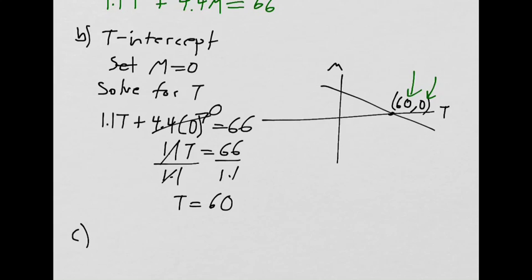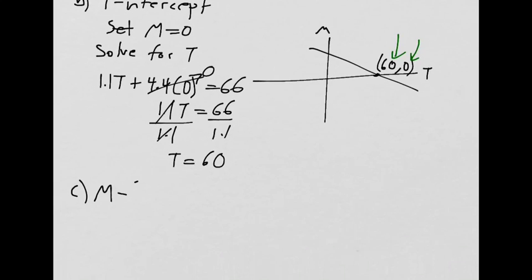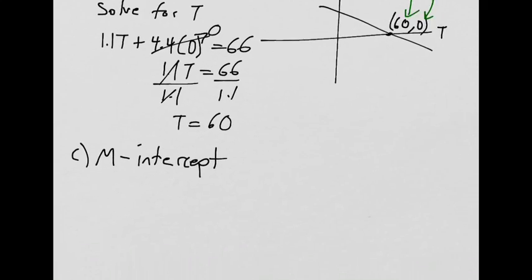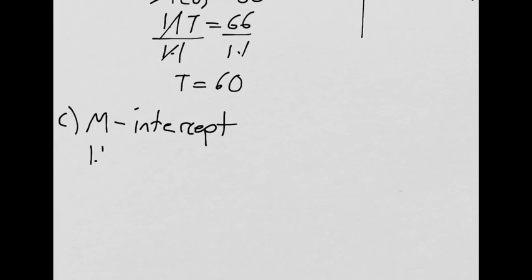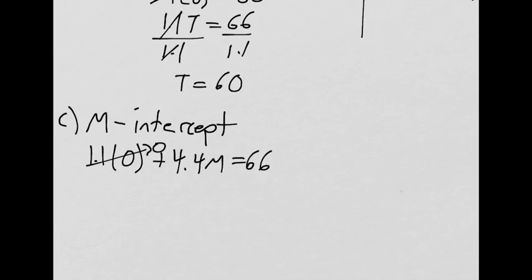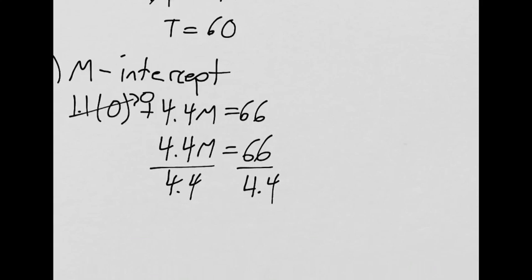To find the m-intercept, we use a similar method, except this time we set t to 0 and solve for m. So this time we'll set t to 0 and solve for m. So this term basically goes to 0. I have 4.4m equals 66. Divide out the 4.4, and I get m equals 15.